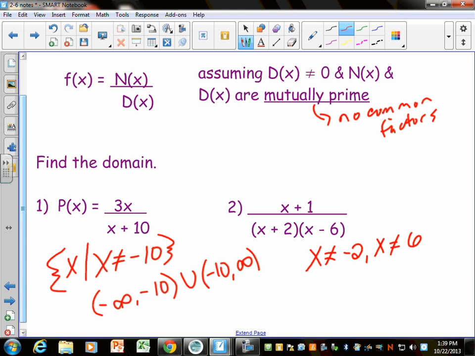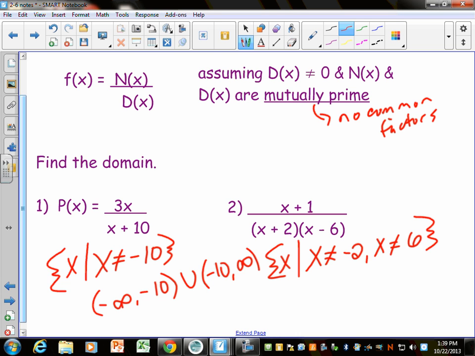But again, set notation's kind of nice because all you do is write that and you put the brackets around it. And so I'm not opposed to doing that. Because think about the interval on this. We'd have to say everything except negative 2 and except 6, which means we're going to have a lot of intervals here if we do that, right?